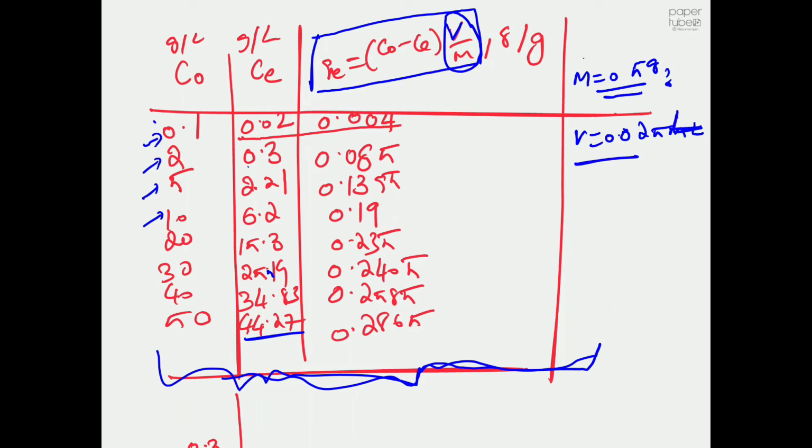And then just with this ratio, V by M will be equal to 0.025 divided by 0.5.